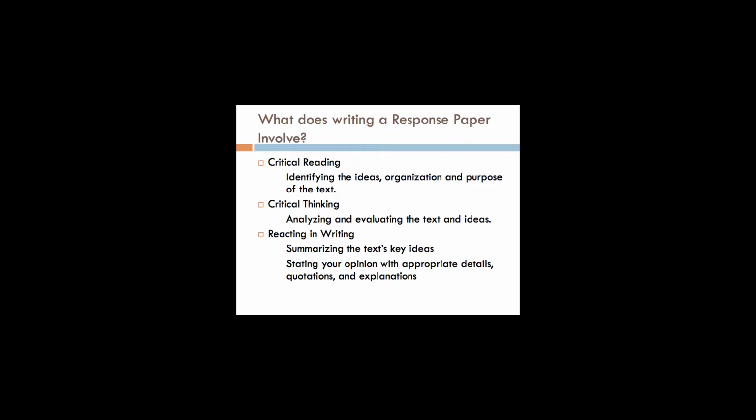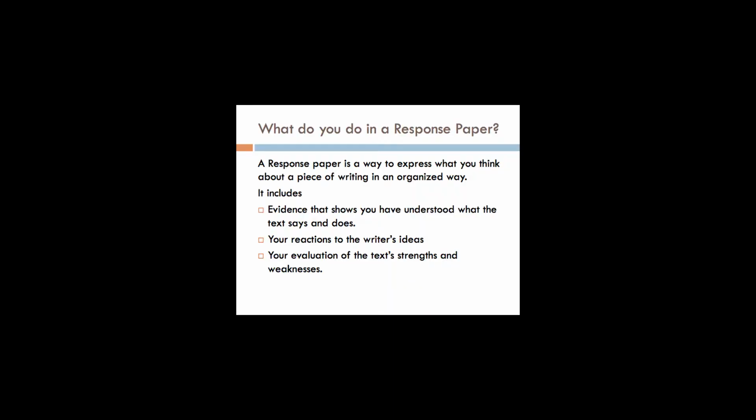Lastly, you're going to put it all together, and you're going to react to this in writing. You're going to briefly summarize the text's key ideas, but then you're going to state your opinion with appropriate details, quotations, and explanations. So a response paper is actually fun to do because you can now express what you think about a piece of writing.